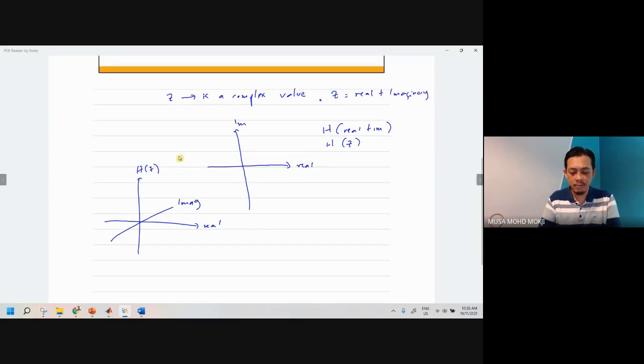So this is actually equal to H of real plus imaginary. We need to understand that first.